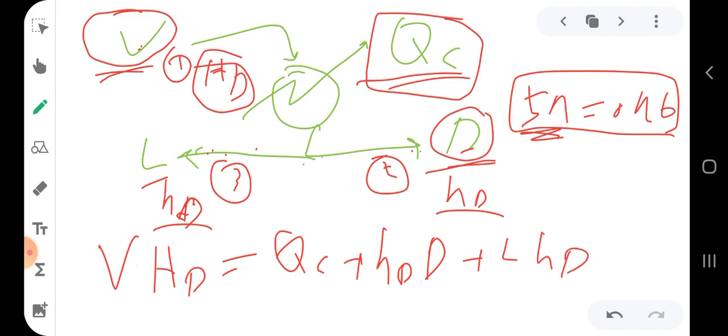A question here: is this HD the same as this HD? Yeah, they are the same. Why? Because we have here a split point. At the split point, all the intensive properties are the same. And since this enthalpy represents joule per kilogram, it is an intensive property independent of the size of the system.